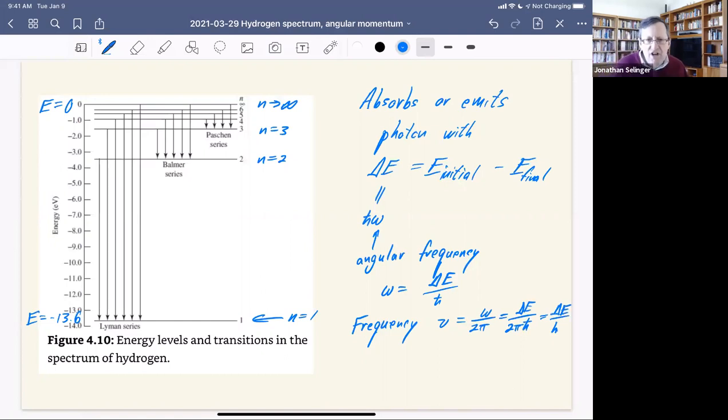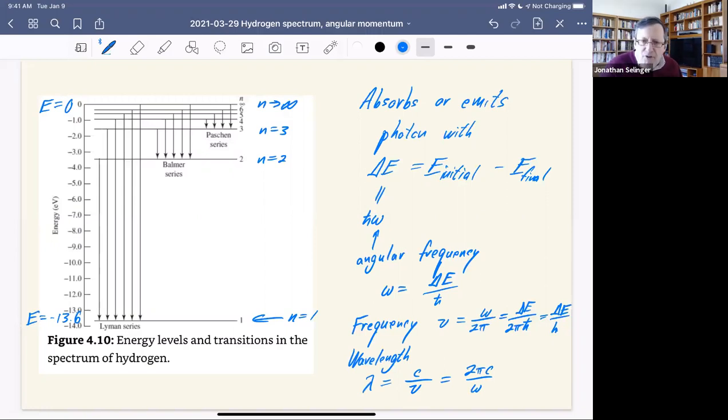Right? The original Planck's constant is 2 pi times h bar. And that frequency goes along with a wavelength. So the wavelength is lambda, which is the speed of light, c, divided by nu. So that would be 2 pi c over omega, or you could rewrite it in any of these ways.